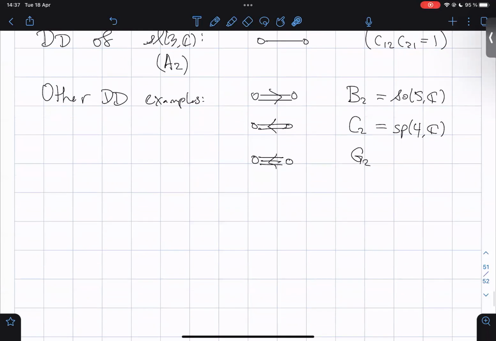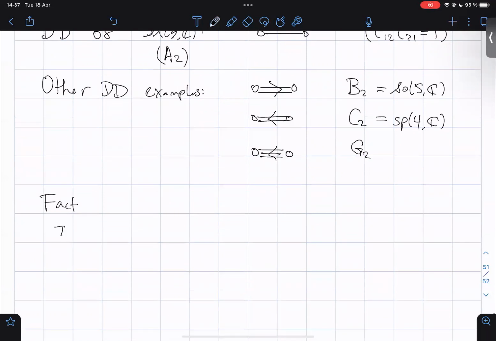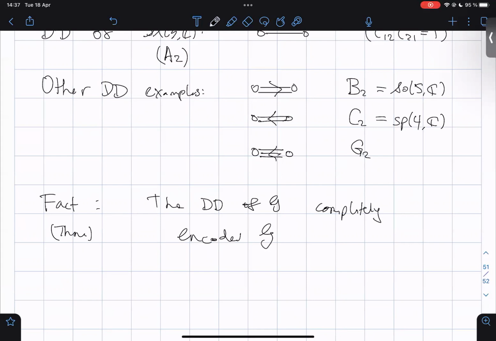So, a fact, rather, it's a theorem. The Dynkin diagram of G completely encodes G up to isomorphism.